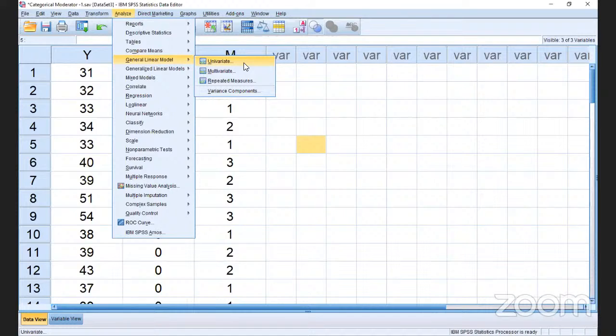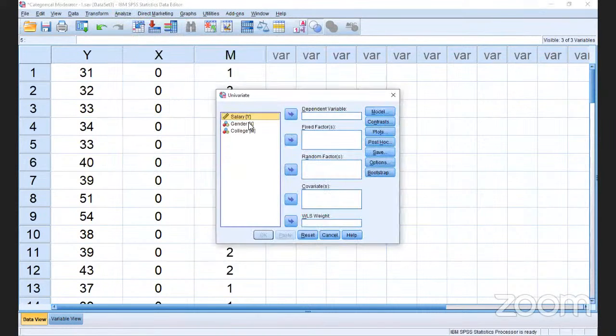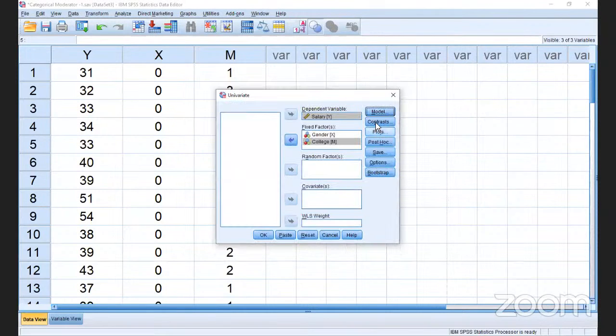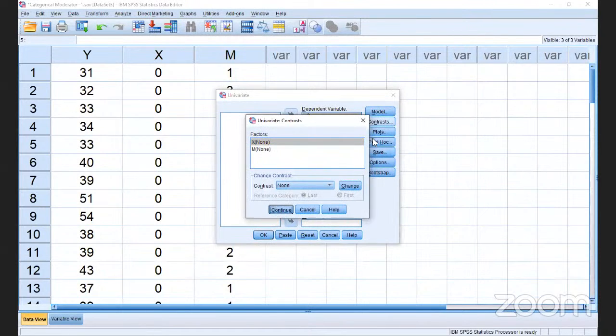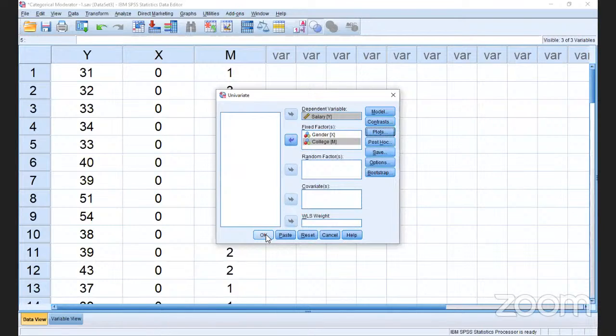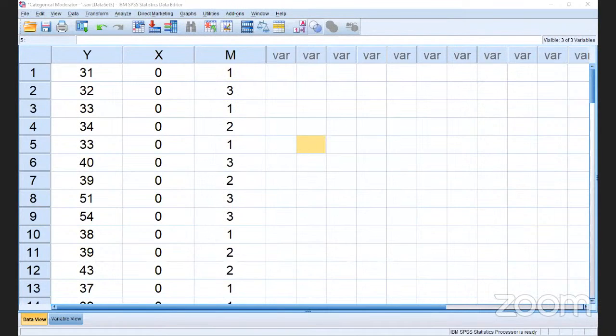Salary we will put in the dependent box, because it is the dependent variable, and both variables, gender and college, we will transfer to the factors list. Then in the model, nothing to do, just plots only.